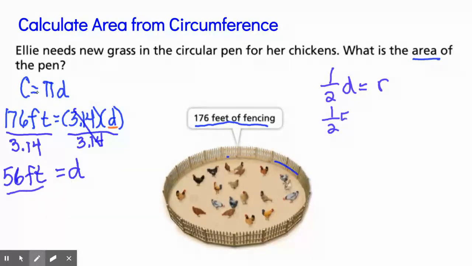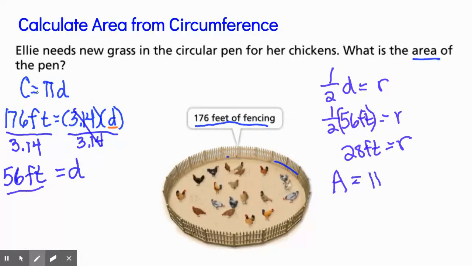So 1/2 of 56 feet equals my radius. So 1/2 of 56 will be 28. Now that I have my radius, I can figure out my area. I'm going to use that last equation. Area equals pi r squared. Area equals pi times 28 squared, 28 feet squared.